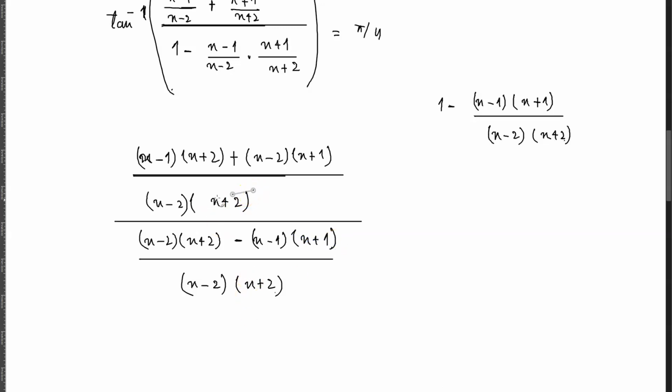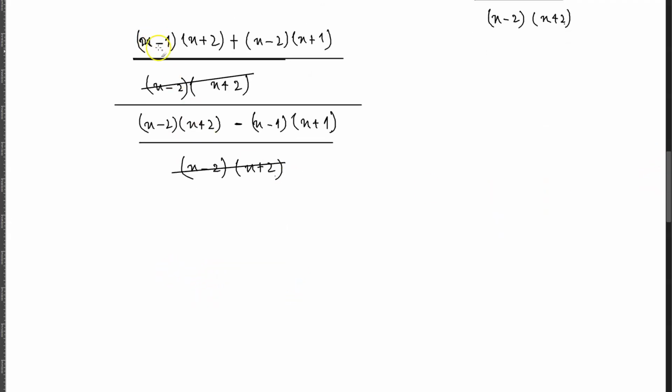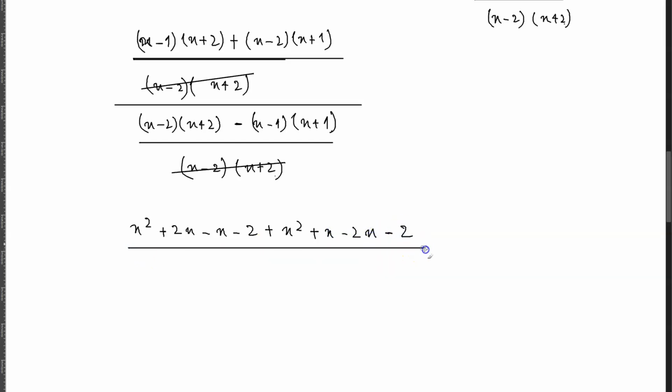And then I can simplify these two together and rewrite this as, well, I will have x squared plus 2x minus x minus 2 plus x squared plus x minus 2x minus 2. Let me check this.